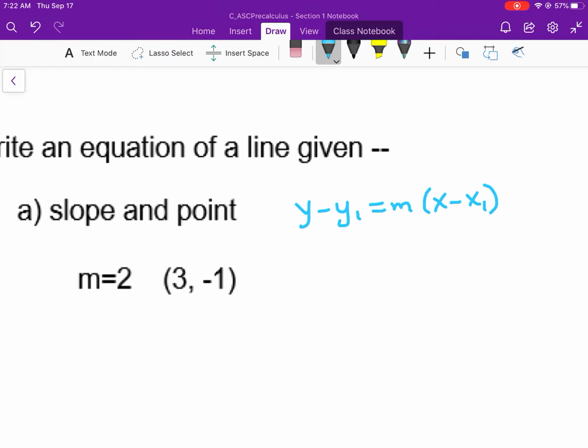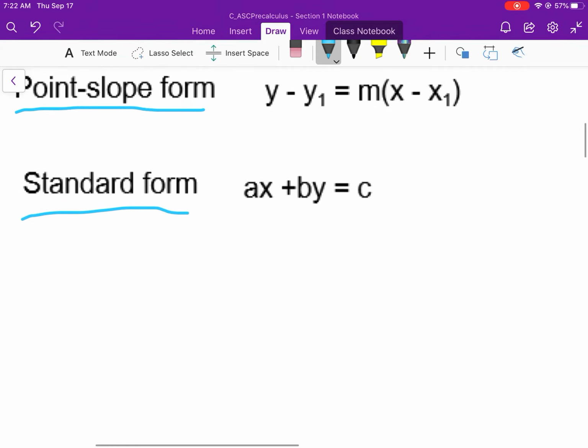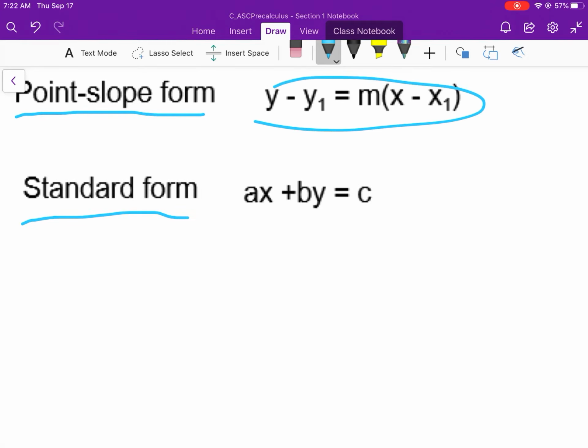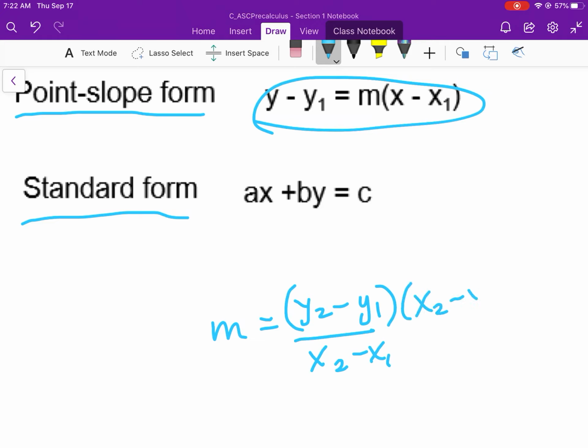Oh, now listen, I had a revelation the other day which I'd never really thought of before. You remember the slope formula, right? y2 minus y1 over x2 minus x1. Well, what if I multiply both sides by this denominator of x2 minus x1?